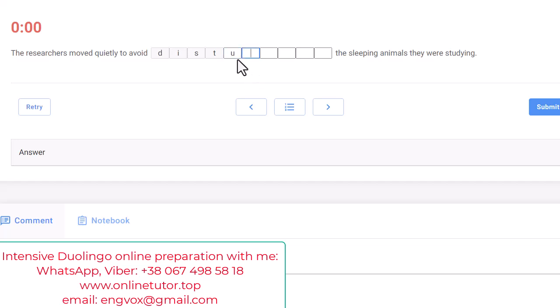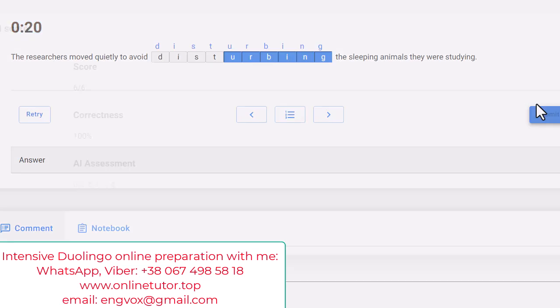So, disturbing. Oh, now it's perfect. To avoid disturbing the sleeping animals they were studying. Makes sense, perfect. We check? Yes. So remember, please, the takeaway is that after avoid, 99%, of course not 100, because Duolingo will always present you with some incongruency, with some idiocy, sometimes.